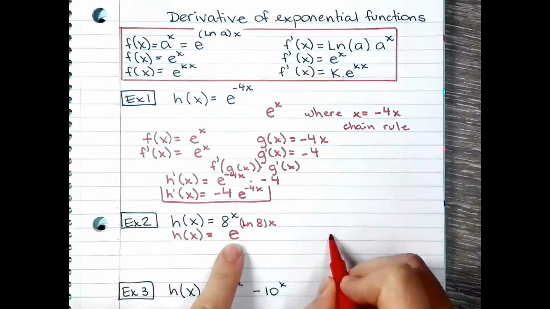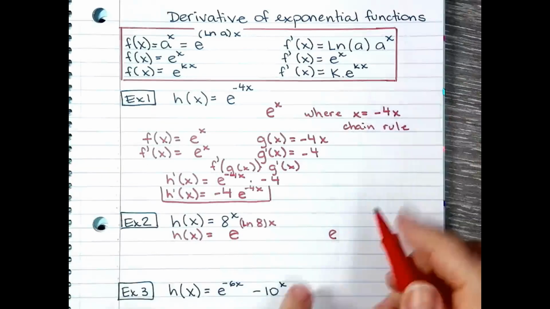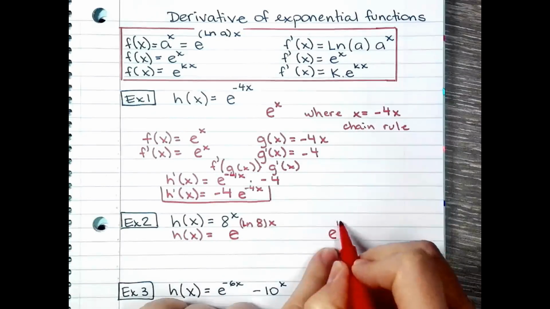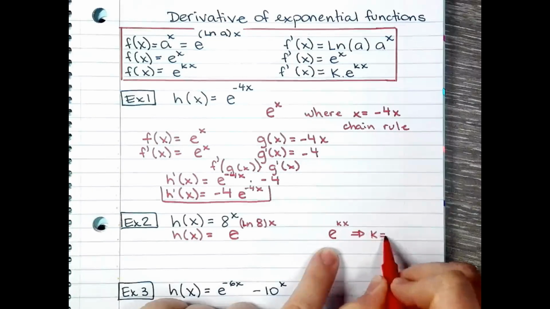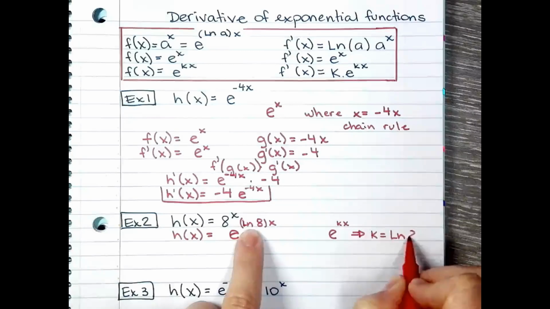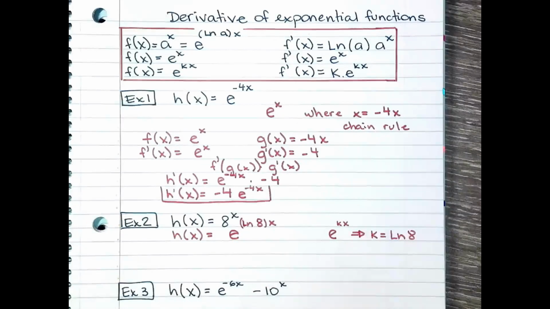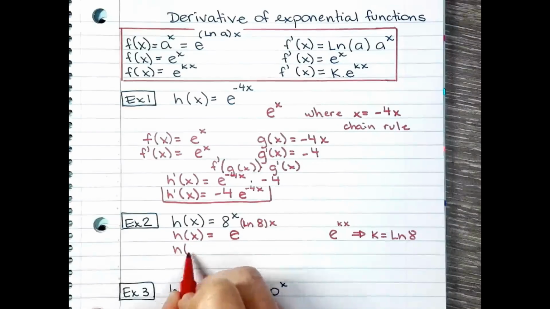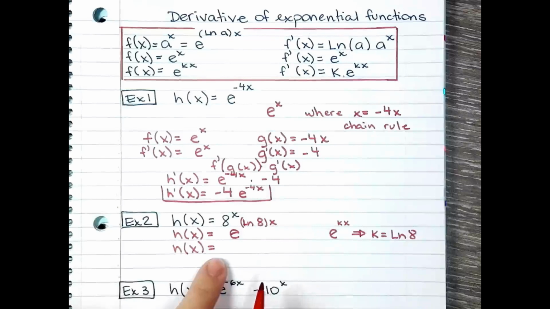So when I look at this, to fit this property right there, where kx, I can look at this as k being natural log of 8. So my h of x, I'm still rewriting this thing.